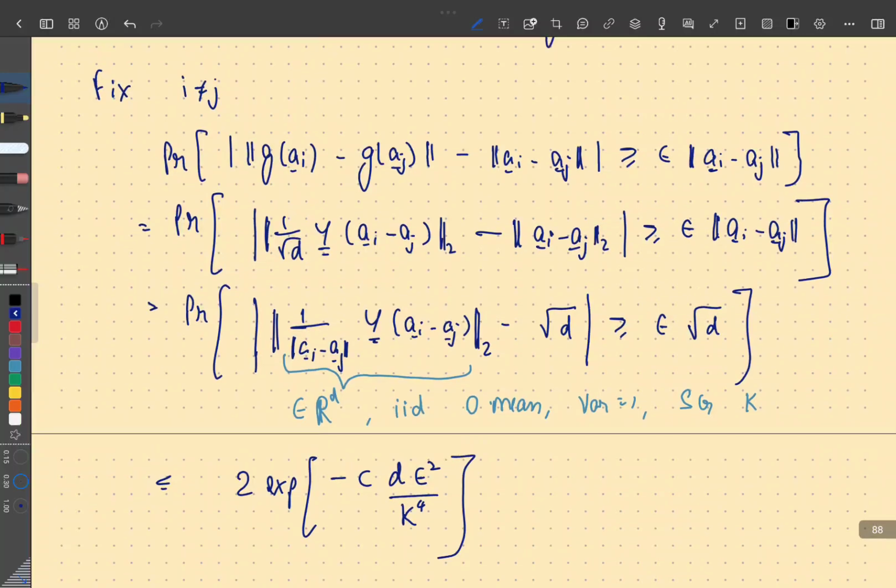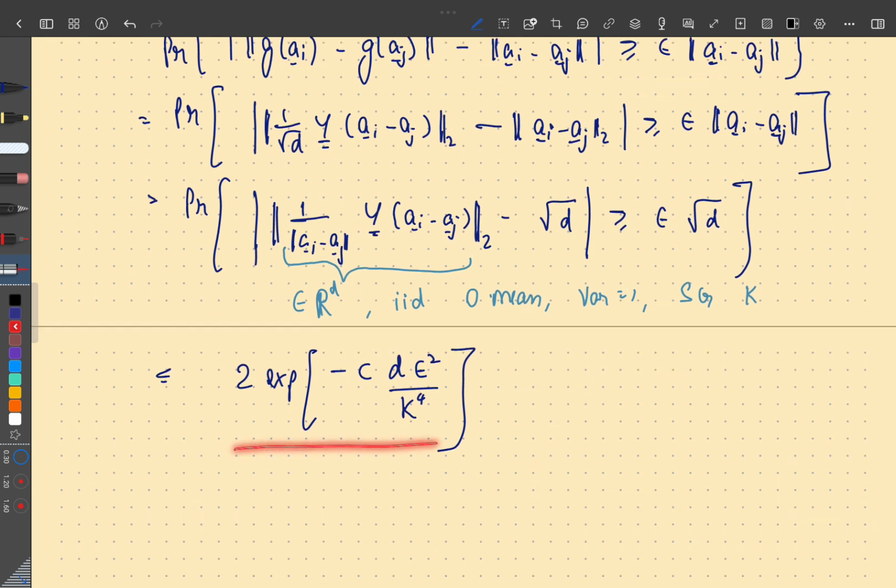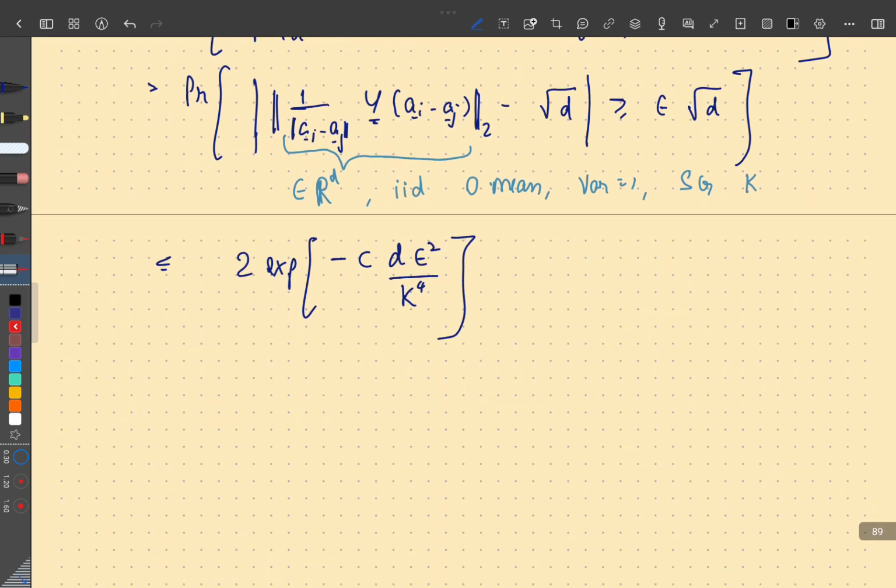Alright. So the probability that the distance between g of ai and g of aj is not within 1 plus or minus epsilon of the distance between ai and aj for a fixed i, j is upper bounded by this particular quantity.